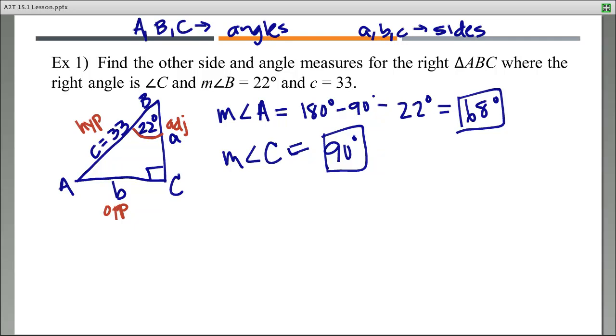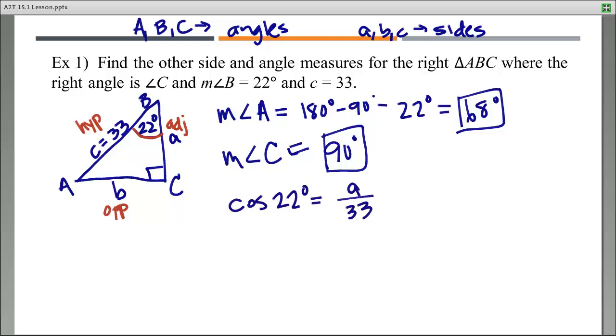All right, so for angle B, we can find side a first. Side a would be adjacent, and I have adjacent and hypotenuse, so that would be cosine. Cosine is adjacent over hypotenuse. So cosine of angle B, 22 degrees, is equal to side a over 33.